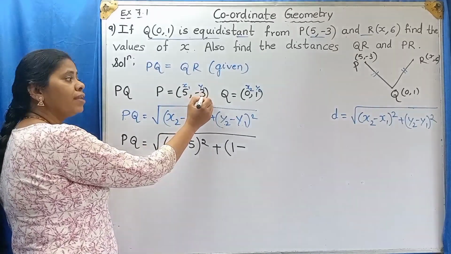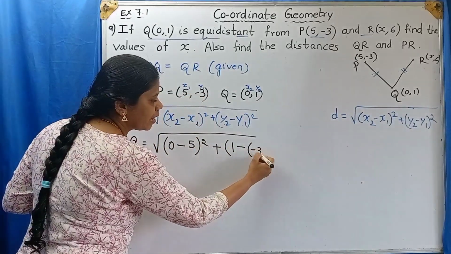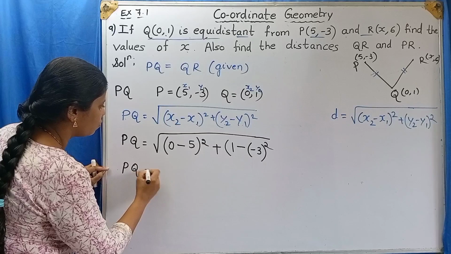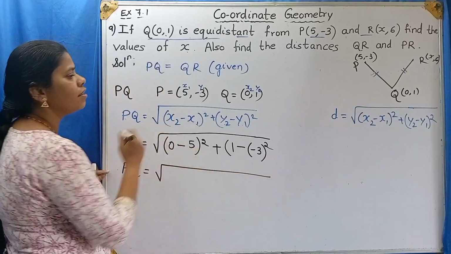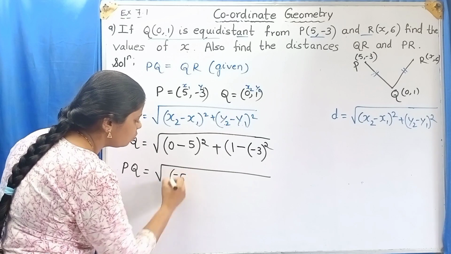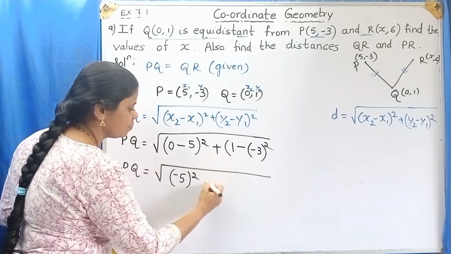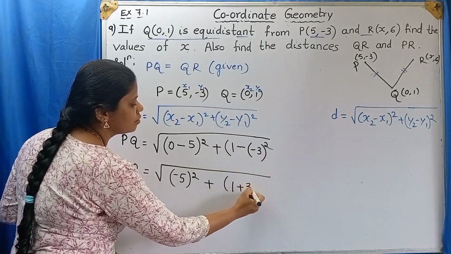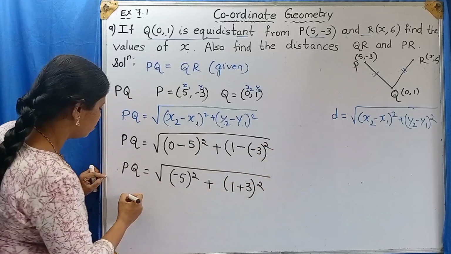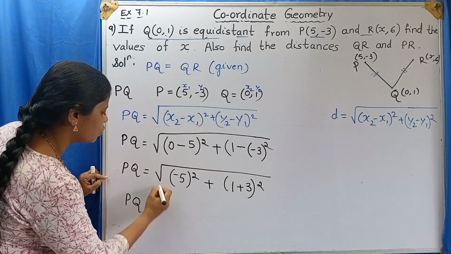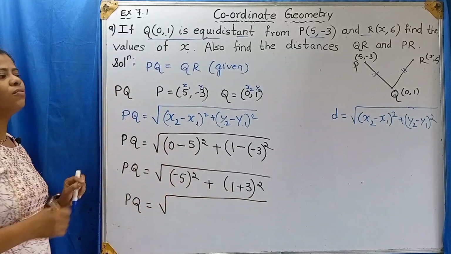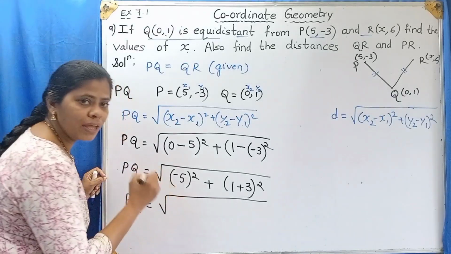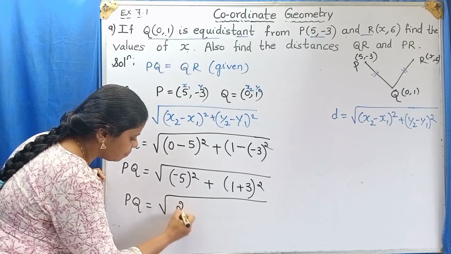Look at this very carefully: minus 3. So, we are taking this in the bracket. Whole square. PQ is equal to square root of (0 minus 5) is minus 5 the whole square plus 1 minus into minus is plus 3 the whole square. Minus 5 the whole square is plus 25.